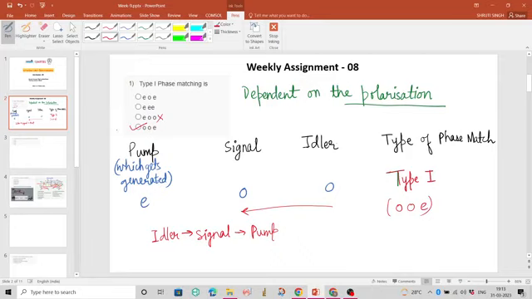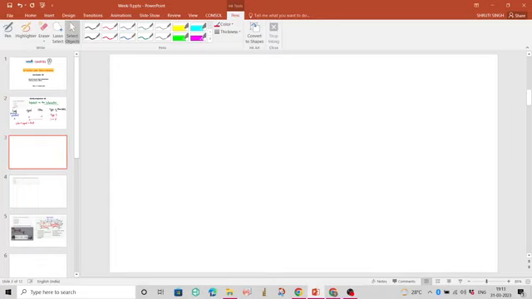Right? So let's see the other phase matchings also. The same thing here: I'm writing pump, this is signal, this is idler.